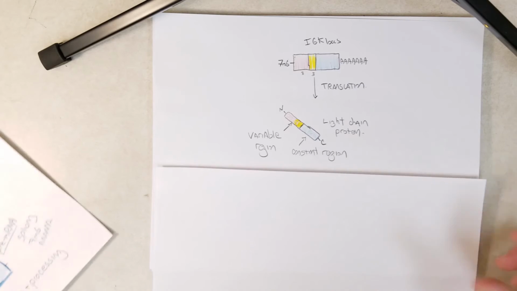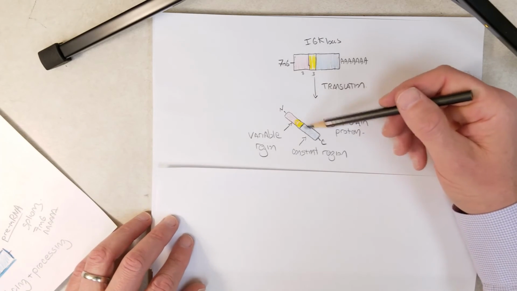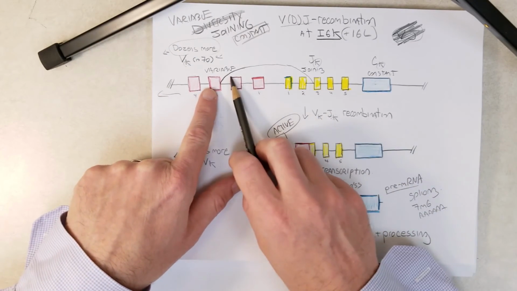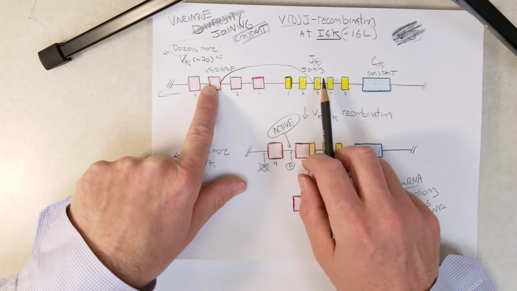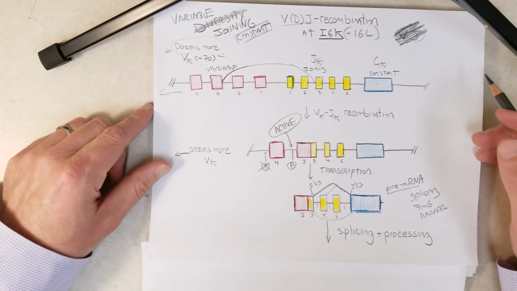At this point, you should see how we can make many different types of light chains depending on which of these variable regions were fused to which of these J regions down here.